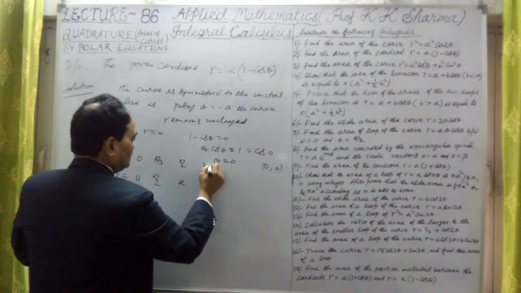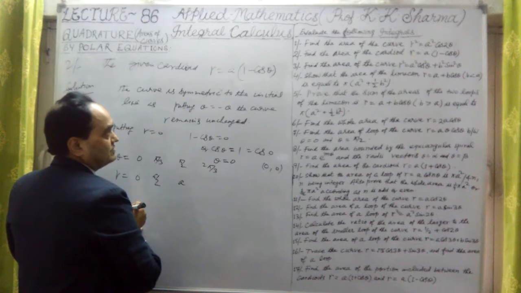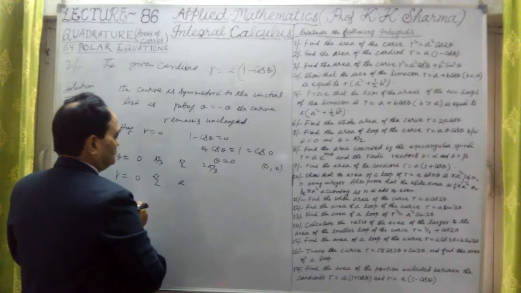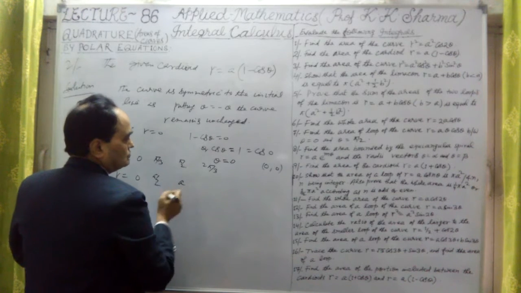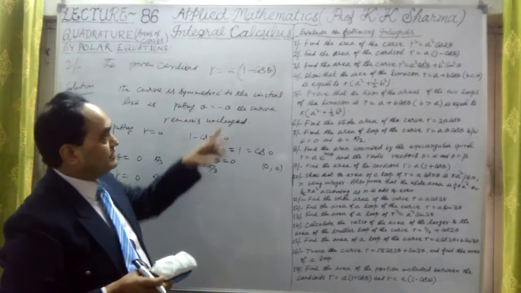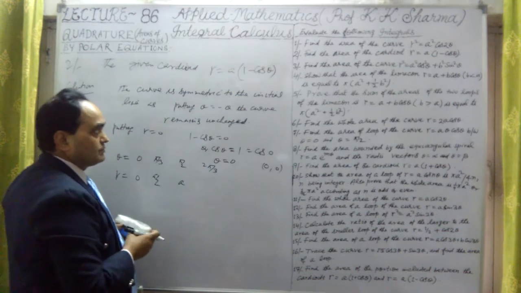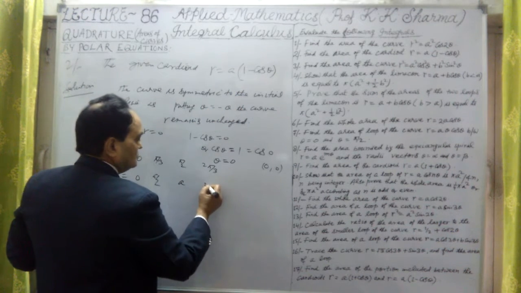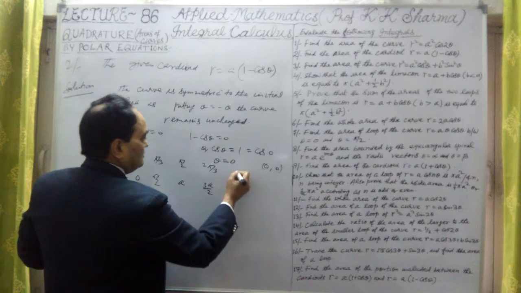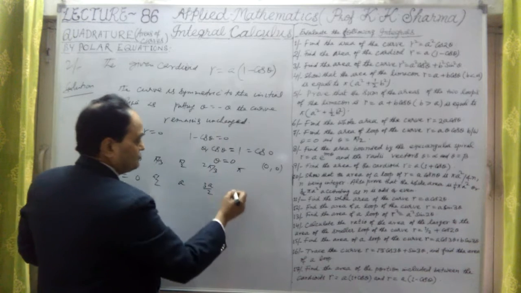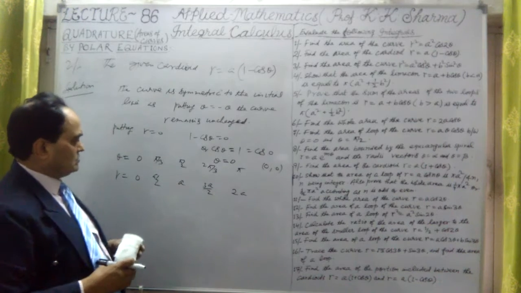At 2 pi by 3, cos is negative in the second quadrant, and negative of negative is positive, so 1 plus 1 by 2 is 3 by 2, so r is 3a by 2. Then at pi, cos is minus 1, so it is twice a. This kind of shape of the curve will be there.